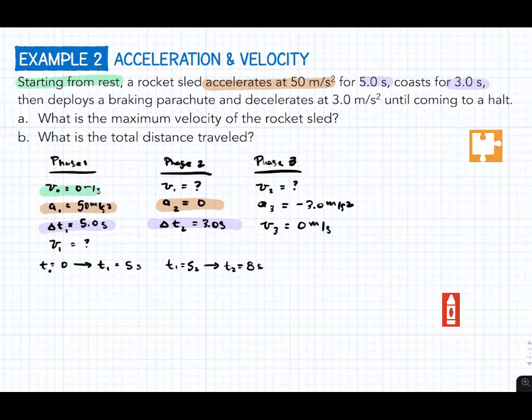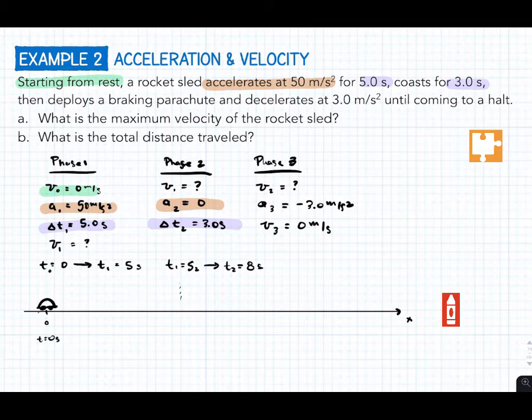Okay? So essentially, if we draw this out, we have this sled. I'm just going to draw it like a stupid car. Okay? So we want the total distance. We'll call this x. And so this sled starts at x equals 0, and this is at time equals 0 seconds, and then it accelerates from here to here.